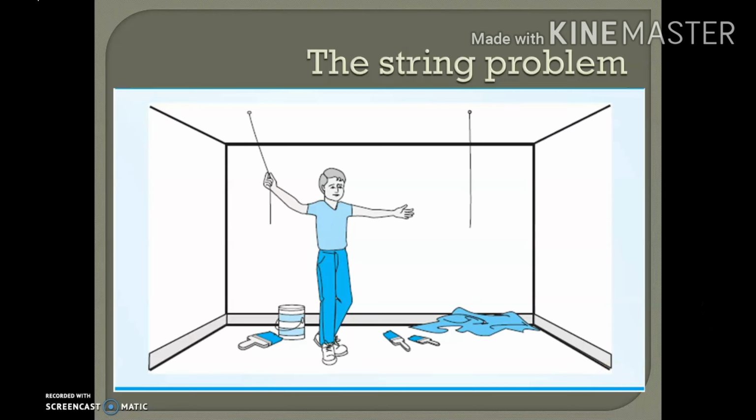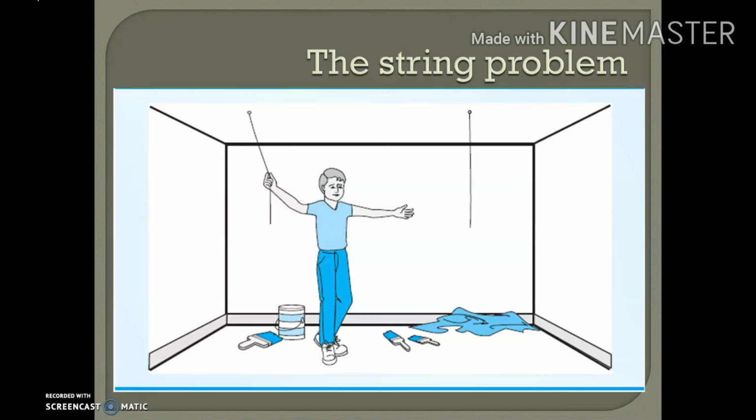Now, eyes on the picture. Try to analyze the picture as I read the problem. Imagine that you were the person standing in the middle of this room, in which two strings are hanging down from the ceiling.